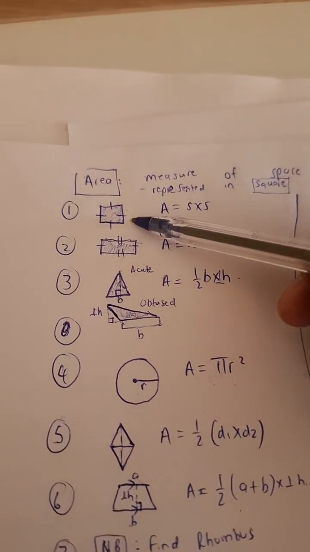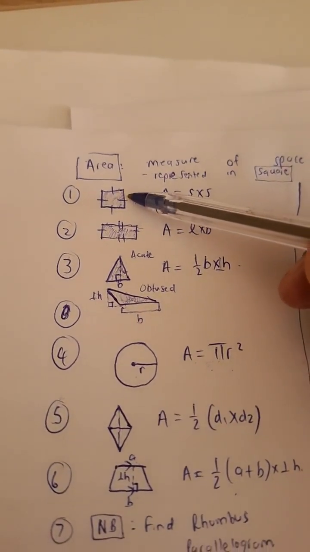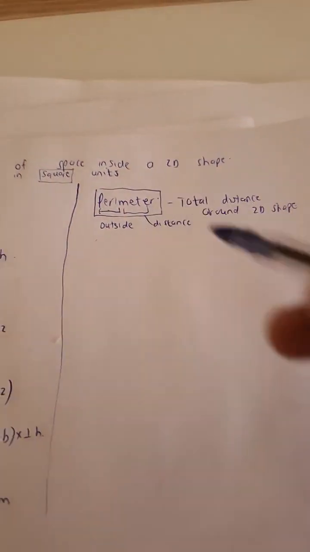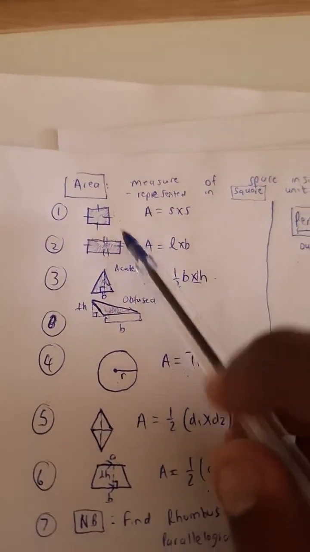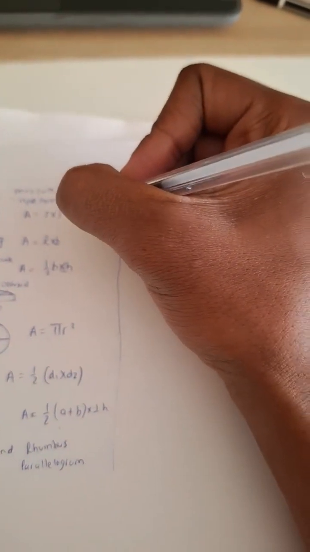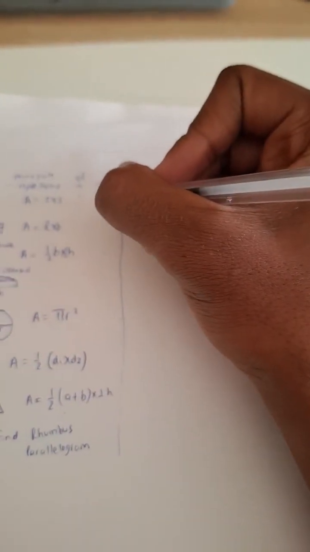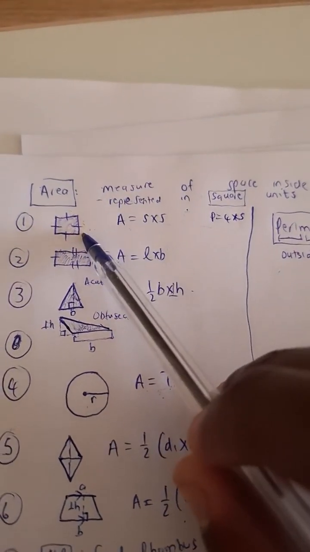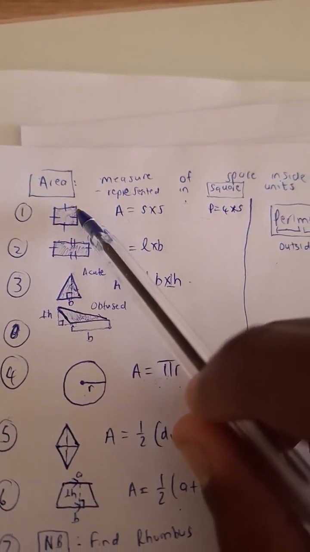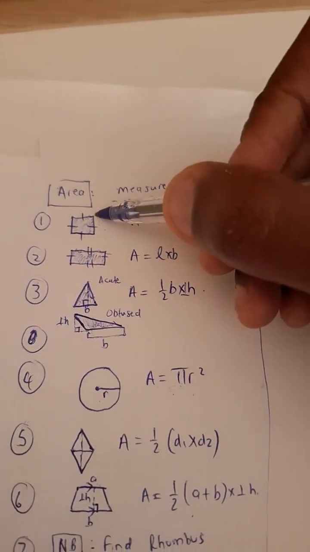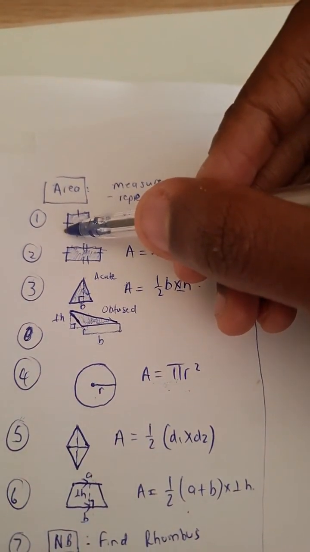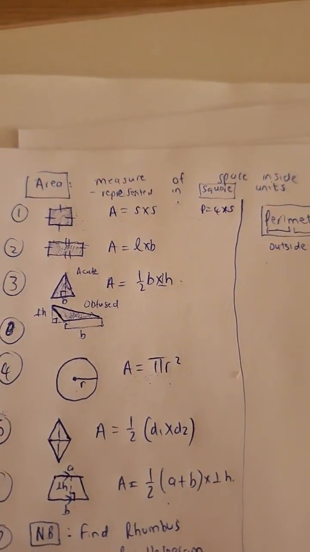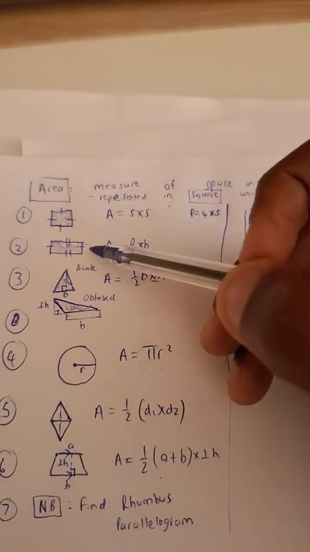Guys, if you're talking about a square, you're simply adding all four sides. That's why we say the perimeter is going to be 4 times s for a square. So P is equal to 4 times S, right? But there's no problem if you just add this side plus that side plus that side plus that side, because the total distance around that shape will give you the perimeter of the square.